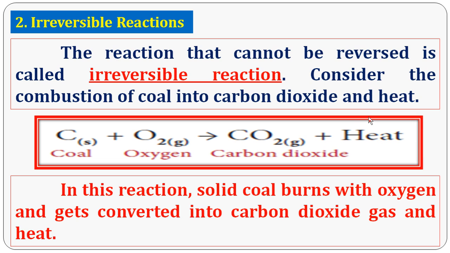Heat is liberated, so it is an exothermic reaction. Here, not water; in the book it is not wrongly printed. So coal combines with oxygen to form carbon dioxide and produces heat. In this reaction, solid coal burns with oxygen and gets converted into carbon dioxide gas and heat.